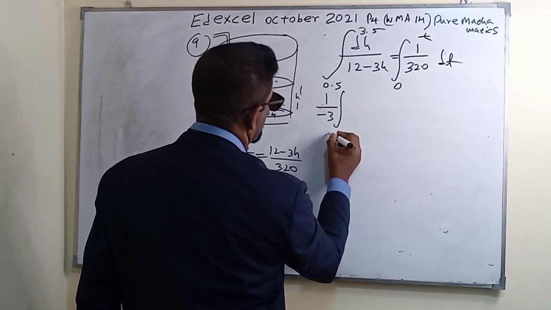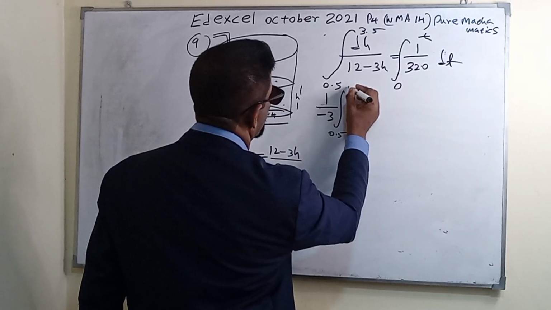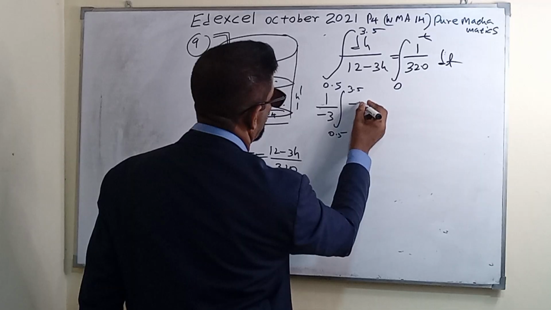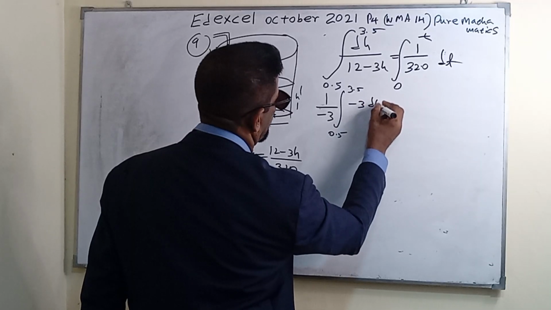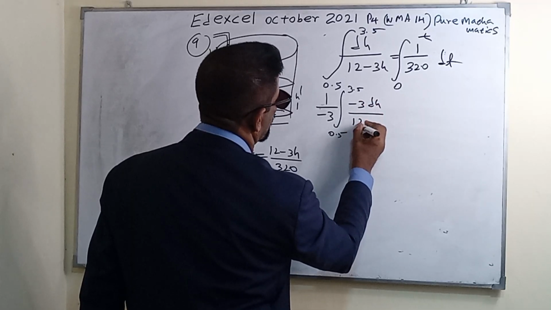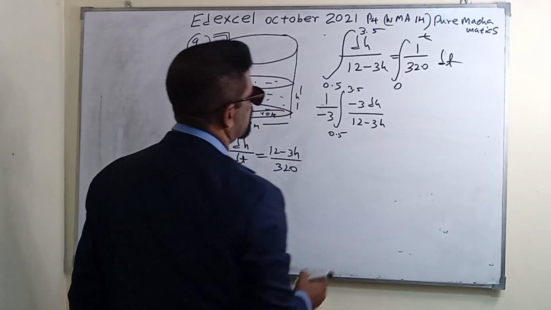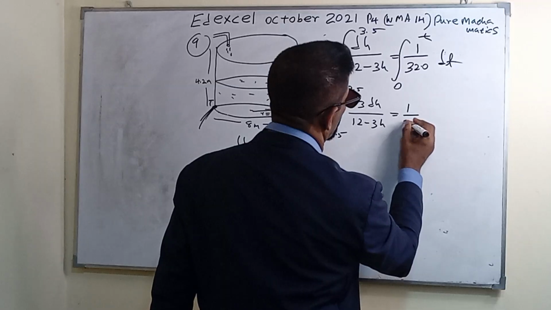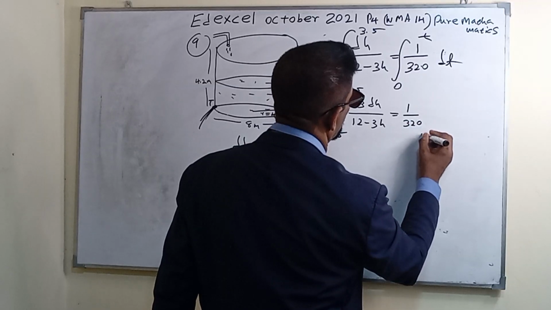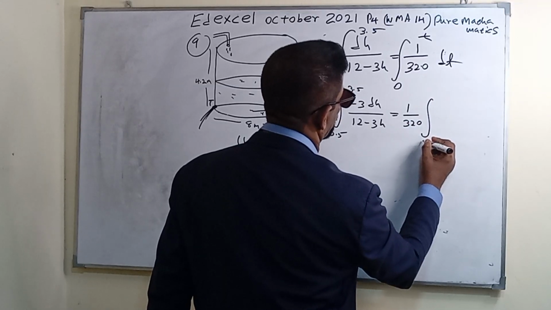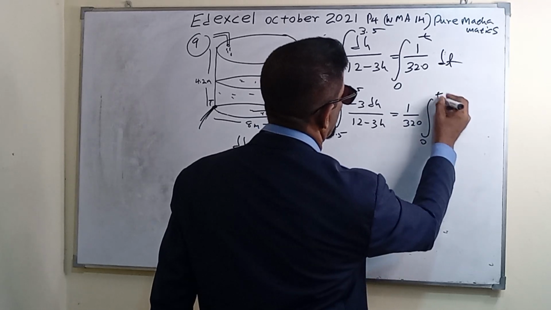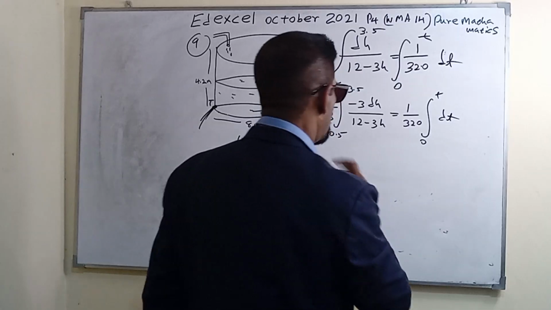Integrating from 0.5 to 3.5 of minus 3 dh over 12 minus 3h equals 1 over 320 integrated from 0 to t of dt. That's your method.